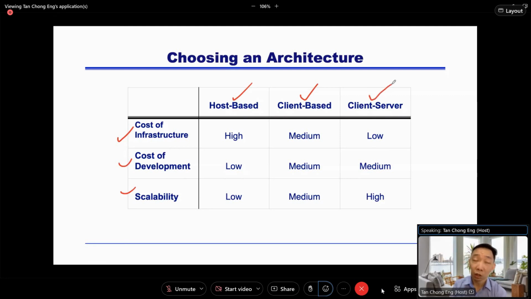But you can look at this. The cost is high if you are doing host base under cost of infrastructure. For the cost of development, it's low. Scalability is also low, and this one is also low. So this table is just to give you a comparison of different types of architecture against different types of costing.